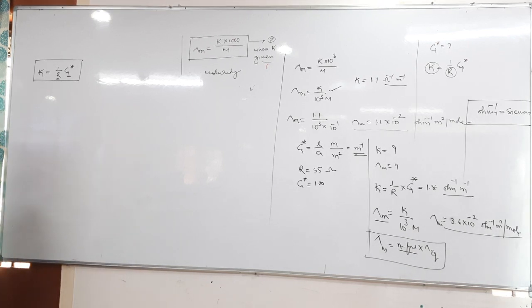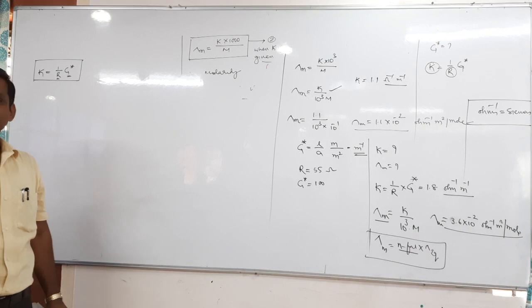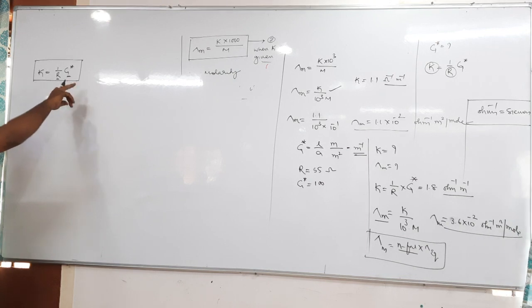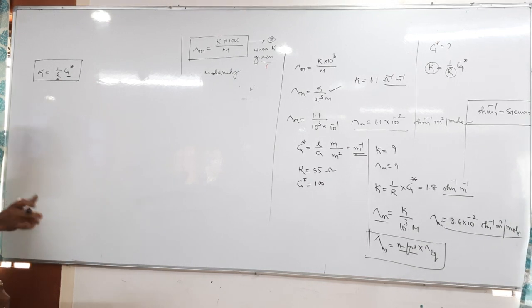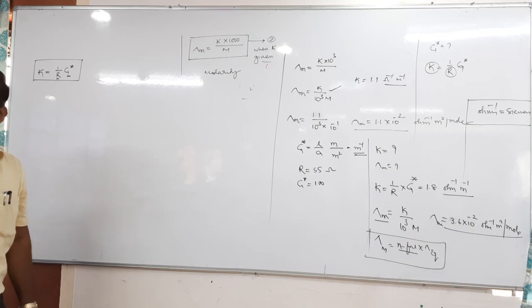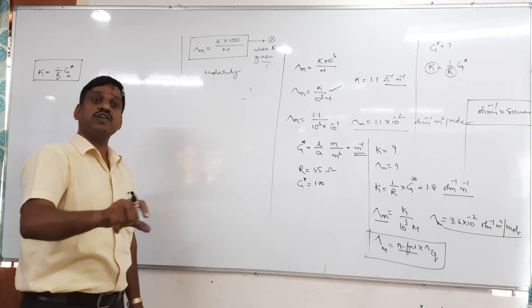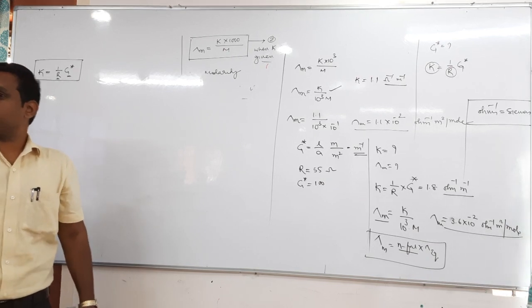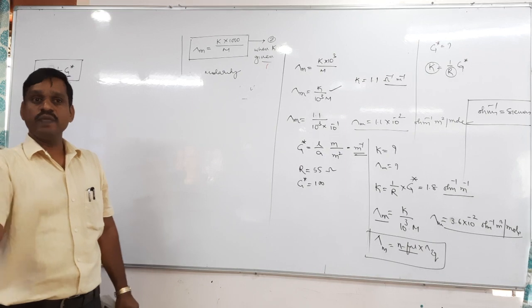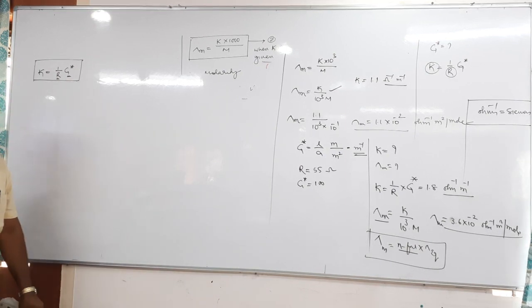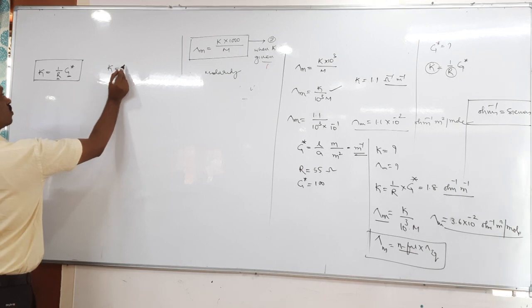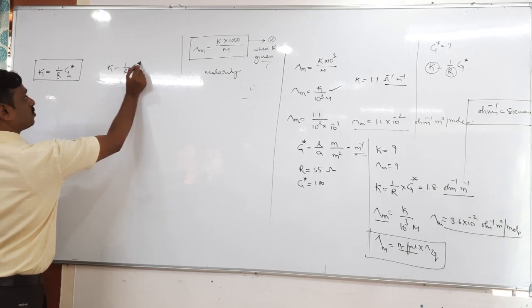In the same cell, two experiments are done, the first part and the second part. Since the cell is the same, the cell constant will be the same, because length and area will be the same. Therefore, first calculate G star from the first part of the experiment, using K equal to 1 by R into G star.